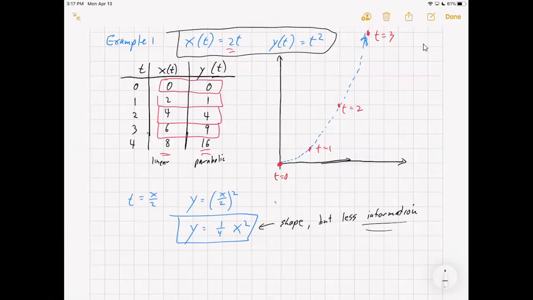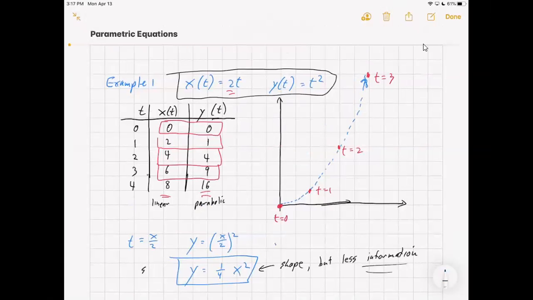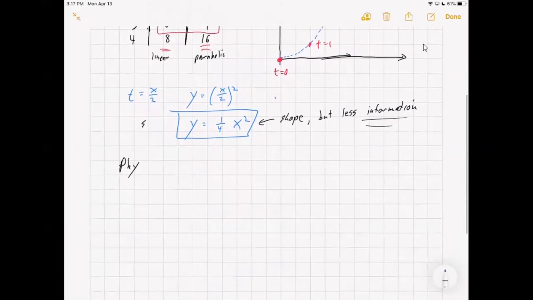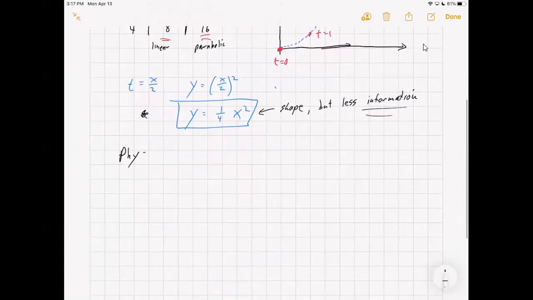Now, in physics, let me just do a quick aside. In physics, you use parametric equations all of the time if you do projectile motion. So let's just look at projectiles.